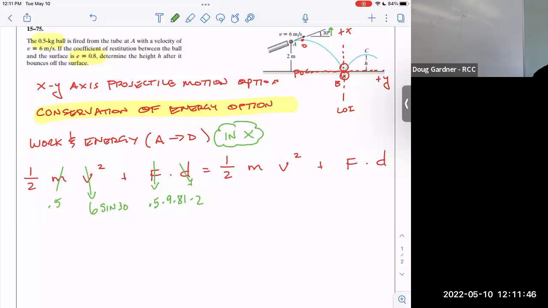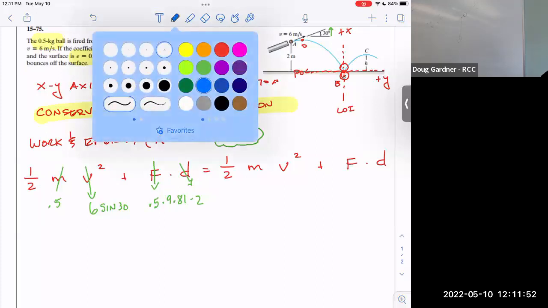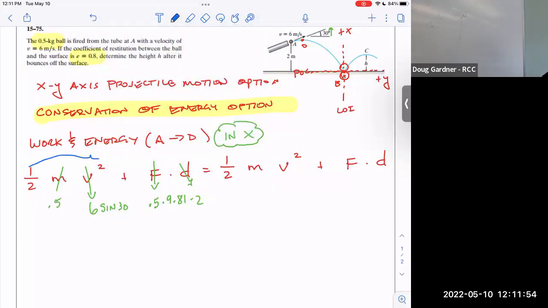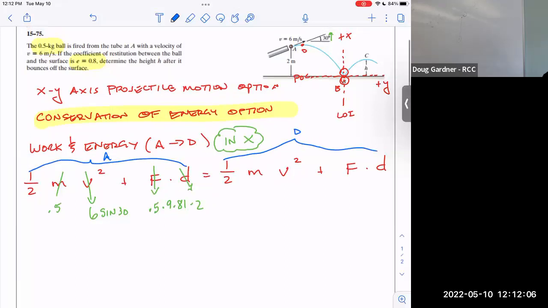What about when it gets to D? Because effectively, isn't everything that I just did here kind of A? This is initial, right? This is the A. Now I move over here and say, okay, cool. What's going on over here at D when it gets up to D? What's its velocity when it gets up there? Remember, this is really, and I'll write this in here, in X. Those are the velocity in what I'm calling X here, right?